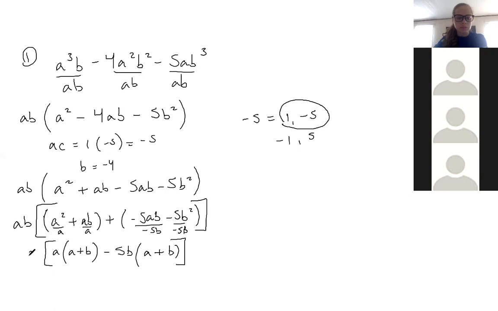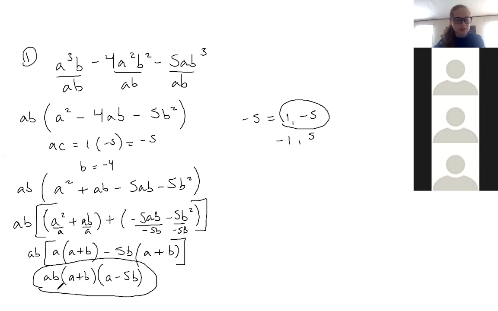Again, all of this is being multiplied by ab. I can factor out an a plus b from each piece, and then I'm left with a minus 5b times ab. So here's your final answer. Can't do any more factoring after that. ab times a plus b times a minus 5b.